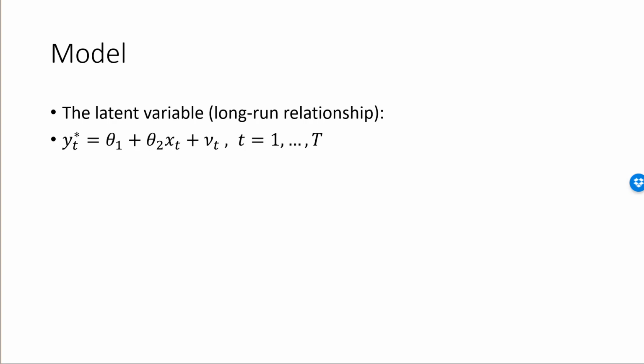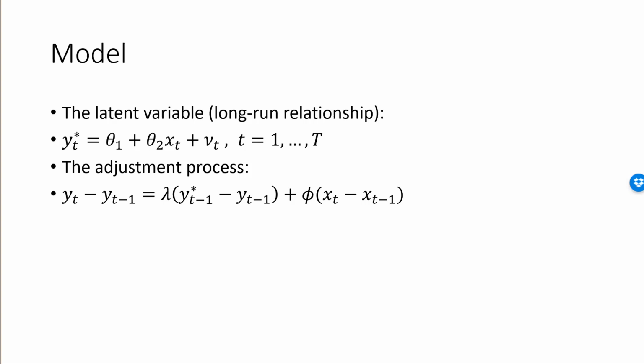It will take some time to adjust, but eventually it will change. So in the long run, there is a contemporaneous relationship between yt star and xt. The particular adjustment process is what differs between the error correction model and the partial adjustment model.